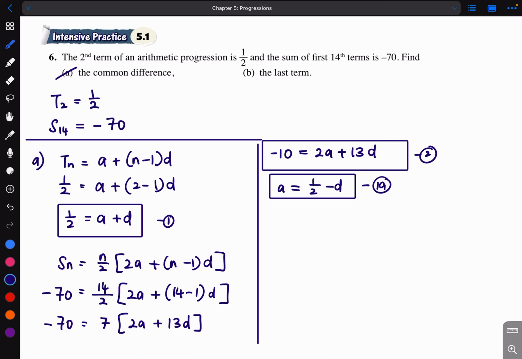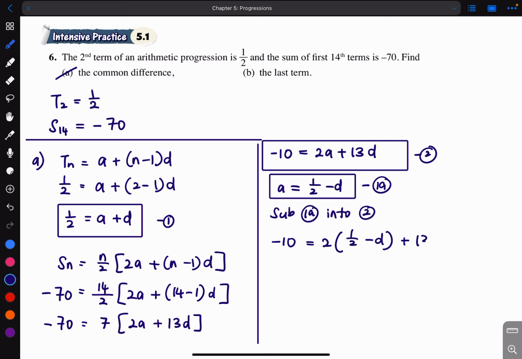Then we substitute equation 1a into equation 2. So negative 10 is 2 times 1 over 2 minus d, plus 13d. Basically I'm just subbing this into this a to get this.